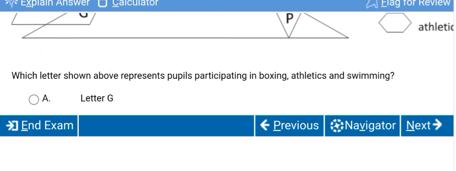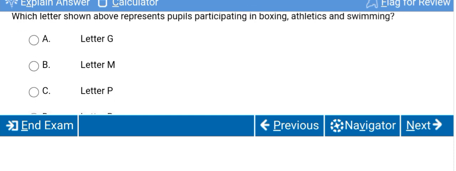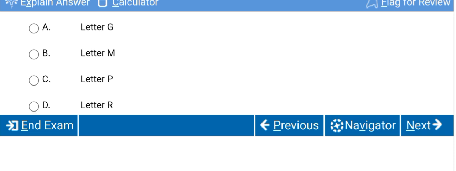And then the question is, which letter shown above represents pupils participating in boxing, athletics, and swimming. So option A is letter G, option B letter M, option C is letter P, option D letter R.